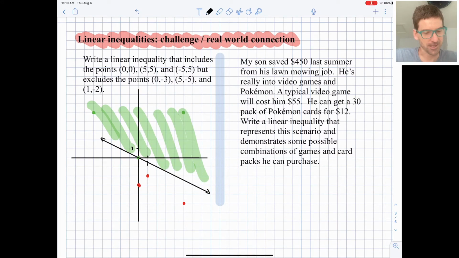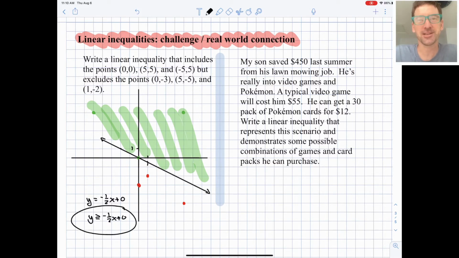So my line here is y equals -1/2 x plus 0. So that would be the equation of the line. And then my inequality would be y is greater than or equal to -1/2 x plus 0. Okay, so that would be another solution to that problem. And there are an infinite number of possible answers to this one.